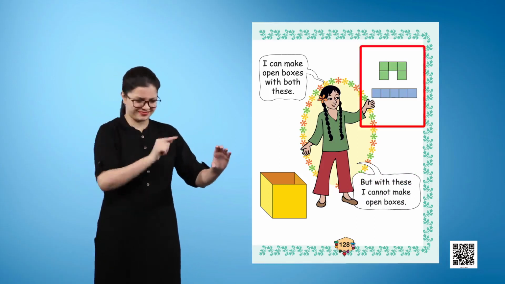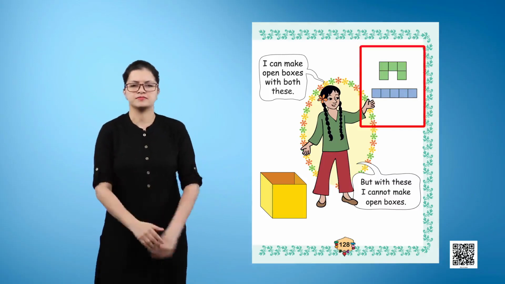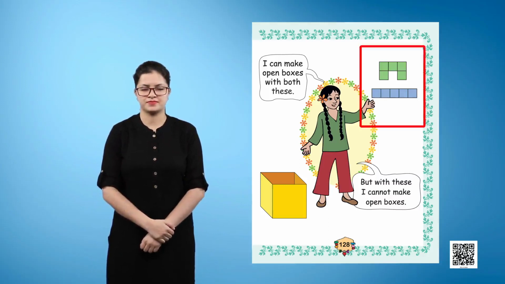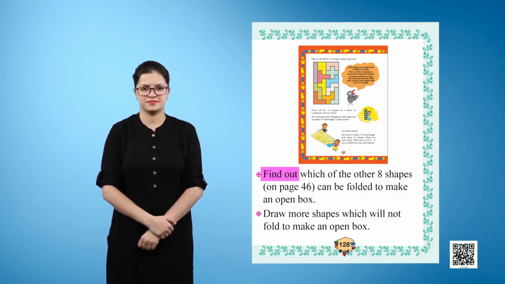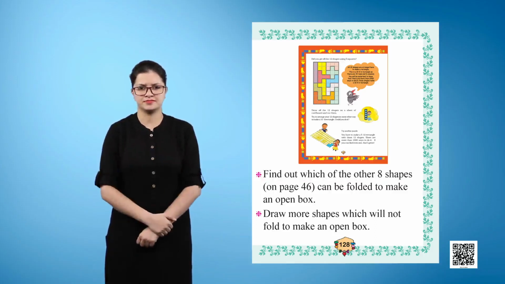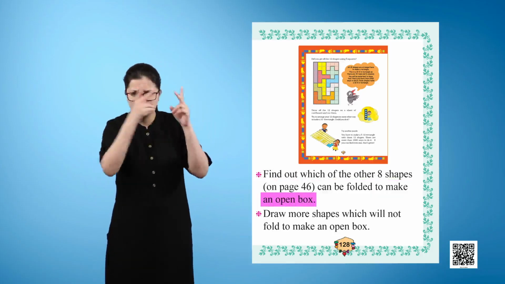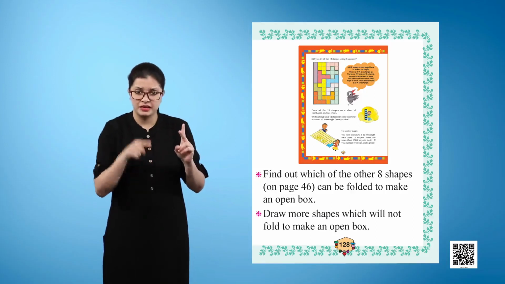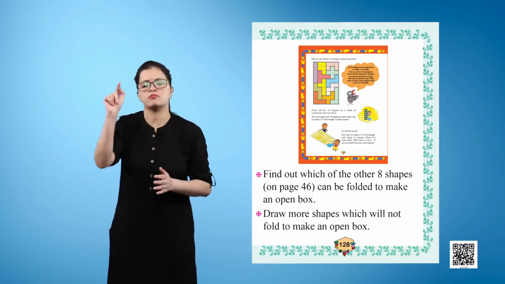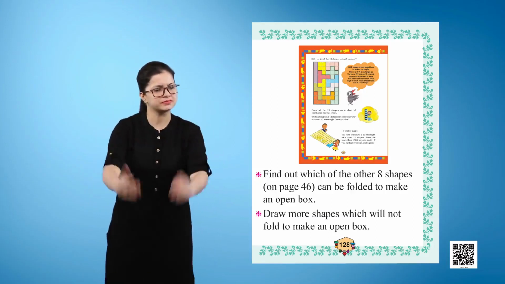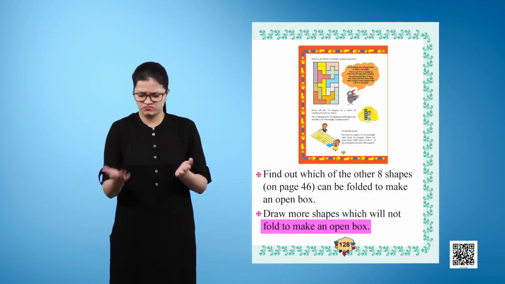She's pointing to two different groups of shapes, which can be folded and made into an open box. Question. Find out which of the other 8 shapes on page 46 can be folded to make an open box. Draw more shapes which will not fold to make an open box.